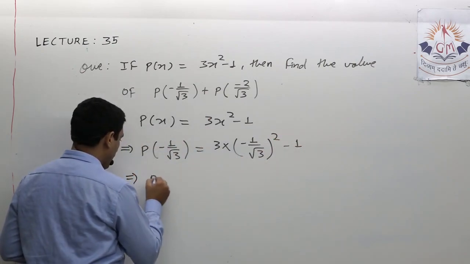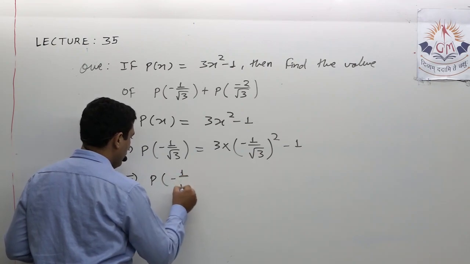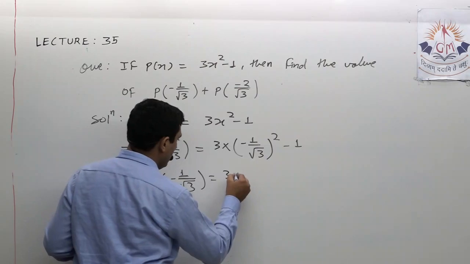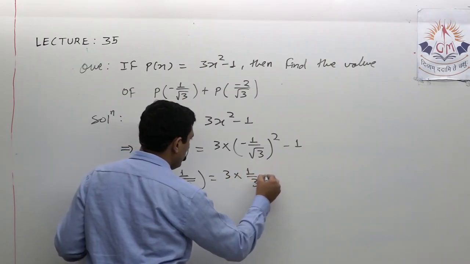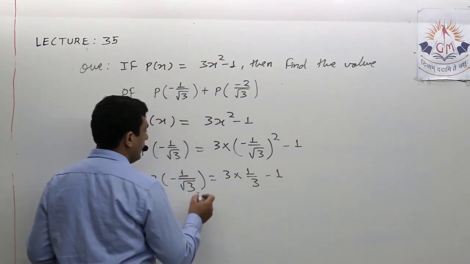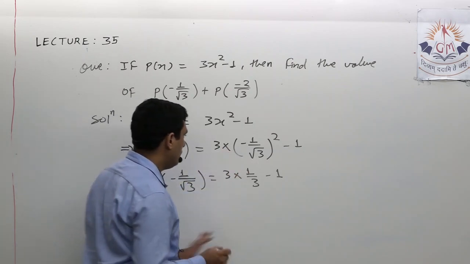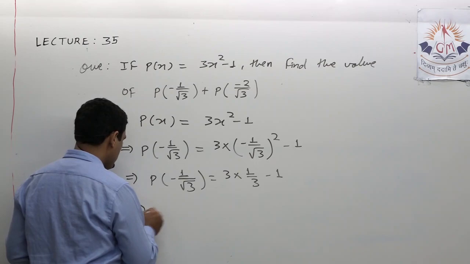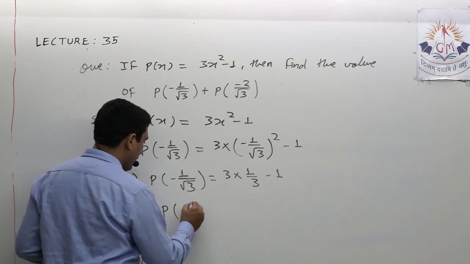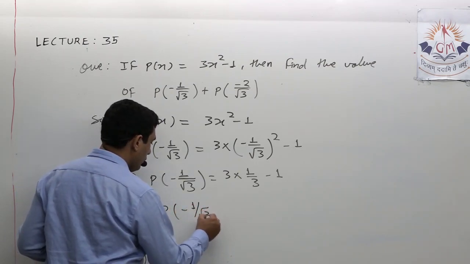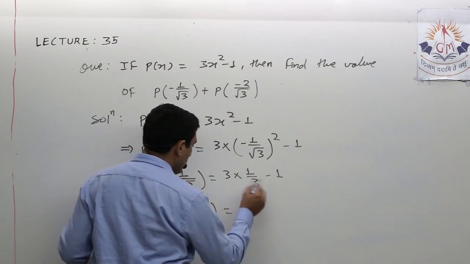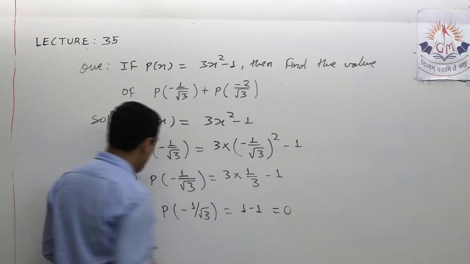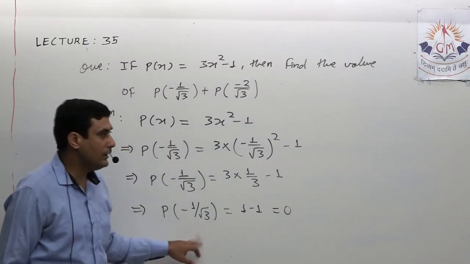So p of minus 1 upon root 3 is equal to 3 into 1 upon 3 minus 1. Minus 1 upon root 3 square is 1 upon 3. So p of minus 1 upon root 3 is equal to 1 minus 1, that is 0. So the value of p of minus 1 upon root 3 is 0.